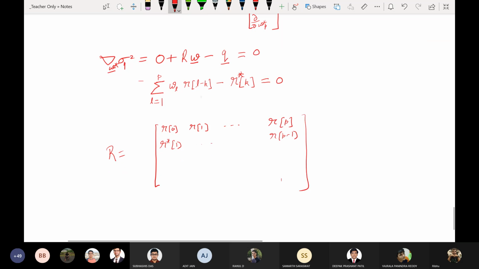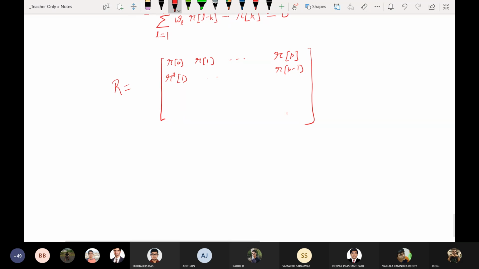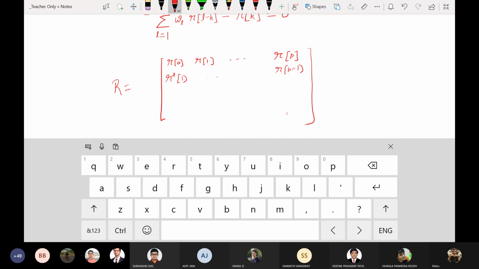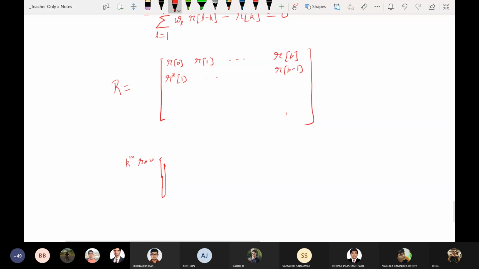And the kth row of R is Rk minus... sorry, R1 minus K, 2, R one minus K.